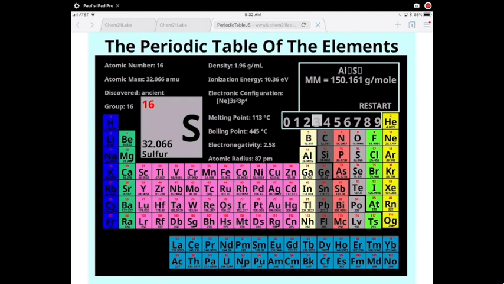And then O, 1, 2. And so you have to distribute this to use this tool. It looks weird, and it looks even weirder on the iPad than it will on your computer. And so aluminum 2, sulfur 3, oxygen 12 to get the correct.